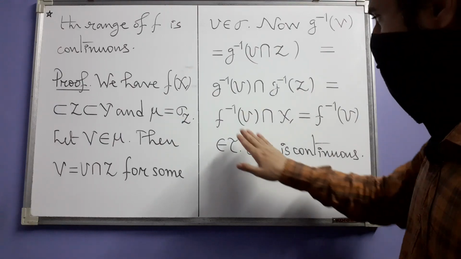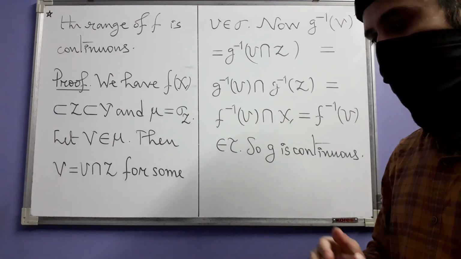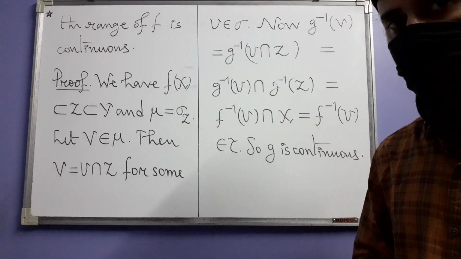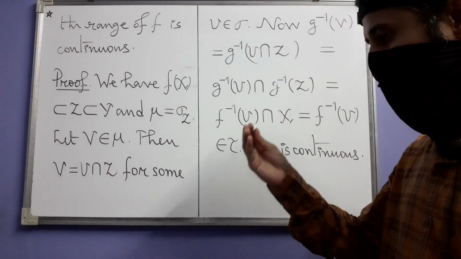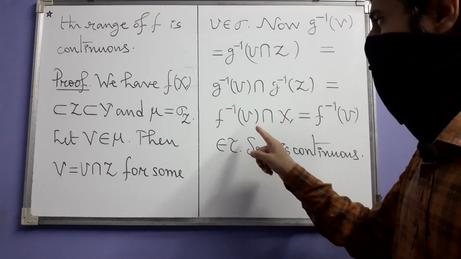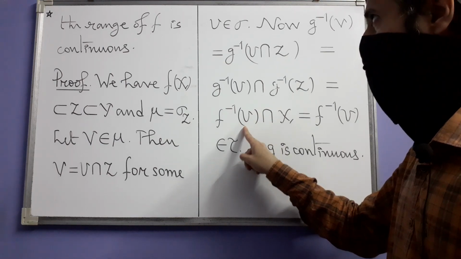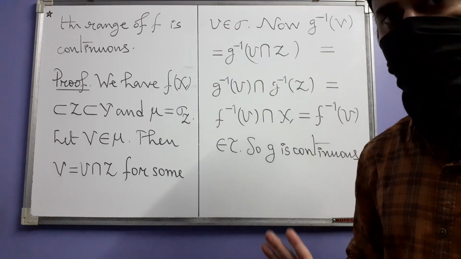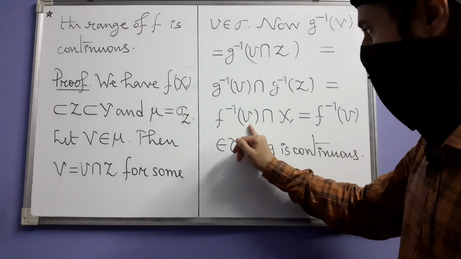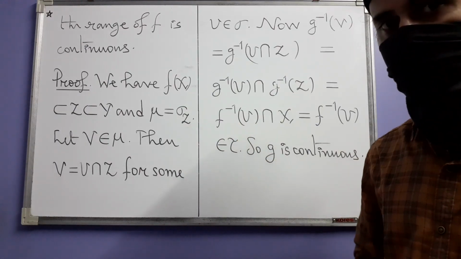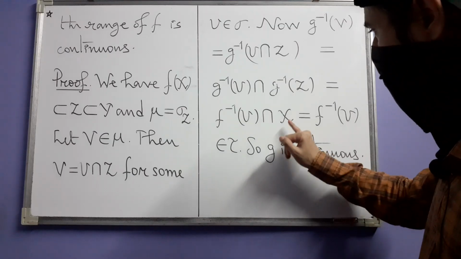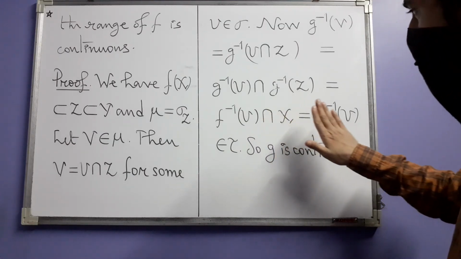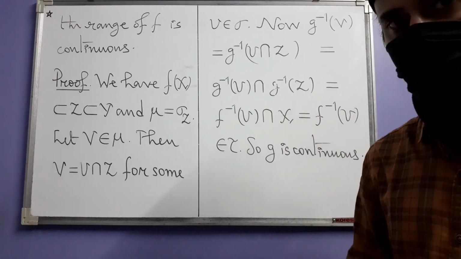Alright. Now, what is f inverse of U? What type of function is f? f originally maps X into Y. And where is this U coming from? U belongs to sigma, which means U is a subset of Y. So f inverse of U, by definition of inverse images, is a subset of X. So this intersection is f inverse of U itself.